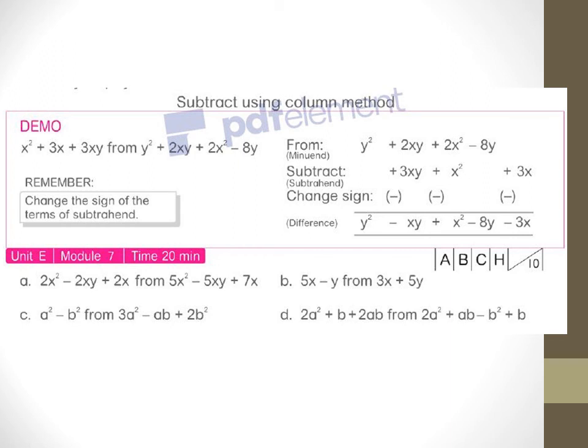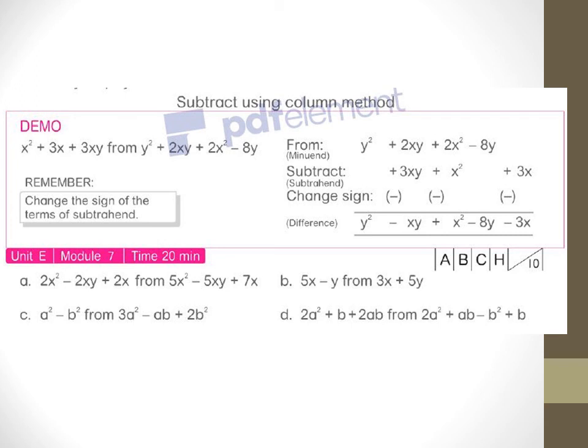2xy minus 3xy, there is a plus 3xy, so the sign will be changed, so it will be 2xy minus 3xy, so it will give you minus xy. 2 minus 3 is minus 1, so it will be minus xy. Now the next part, the x square part, 2x square minus x square, it was a plus x square, the sign will change, so it will become 2x square minus x square.